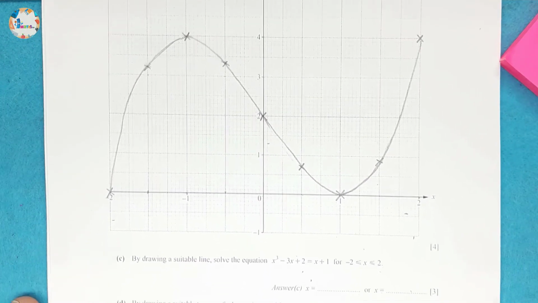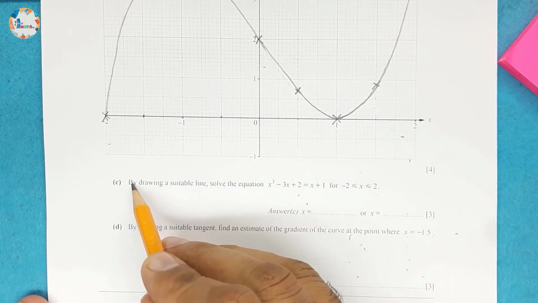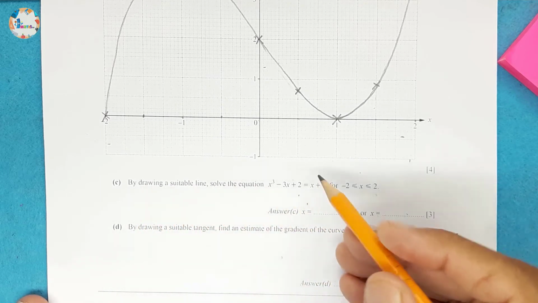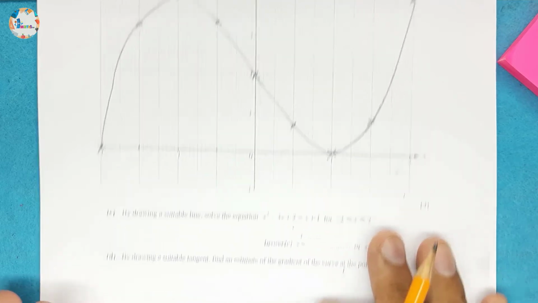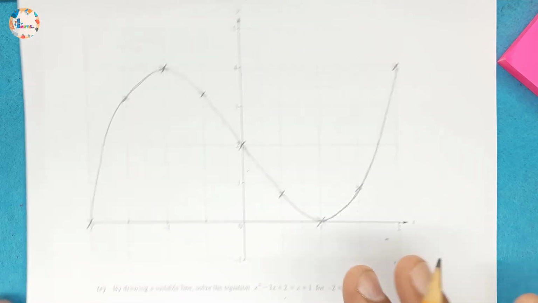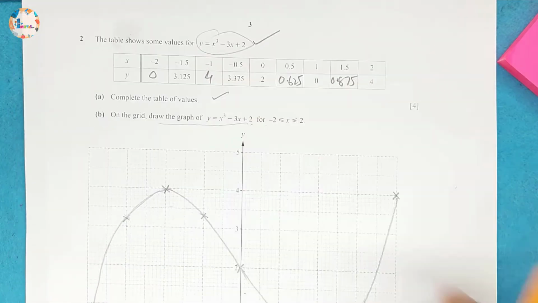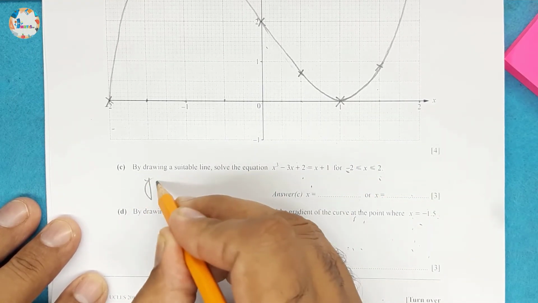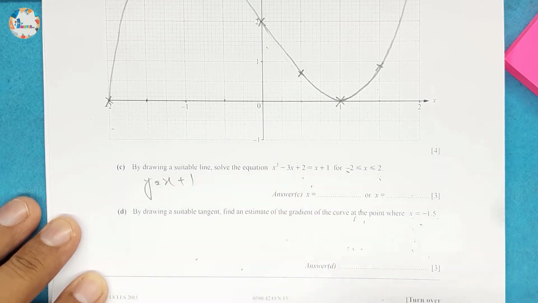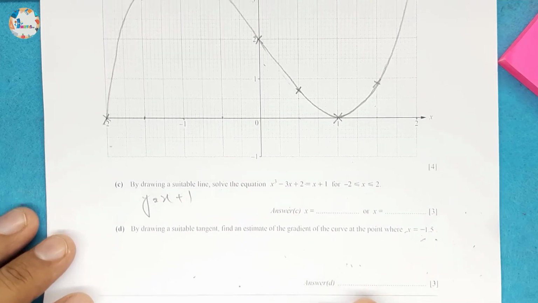So this is done. Then C part, by drawing a suitable line, solve this part. Basically x cube minus 3x plus 2 is equal to y, which is given question. So it means this is y is equal to x plus 1. This is the line. So y is equal to x plus 1.